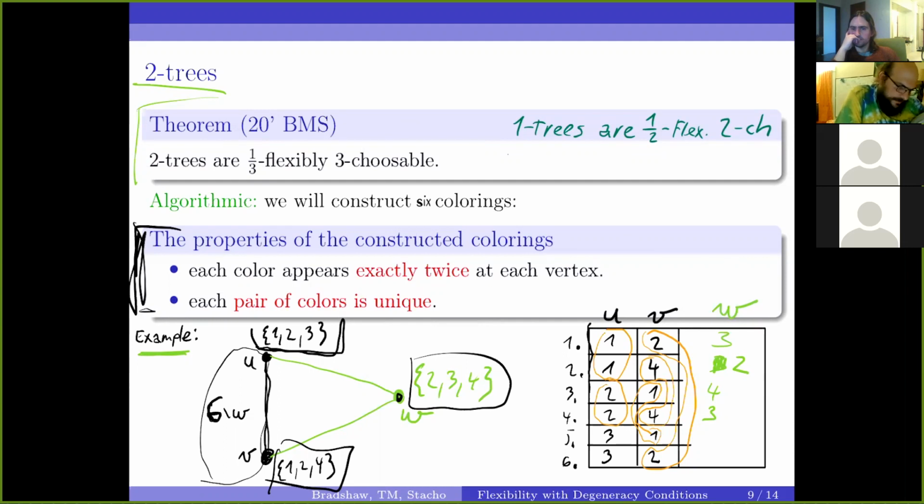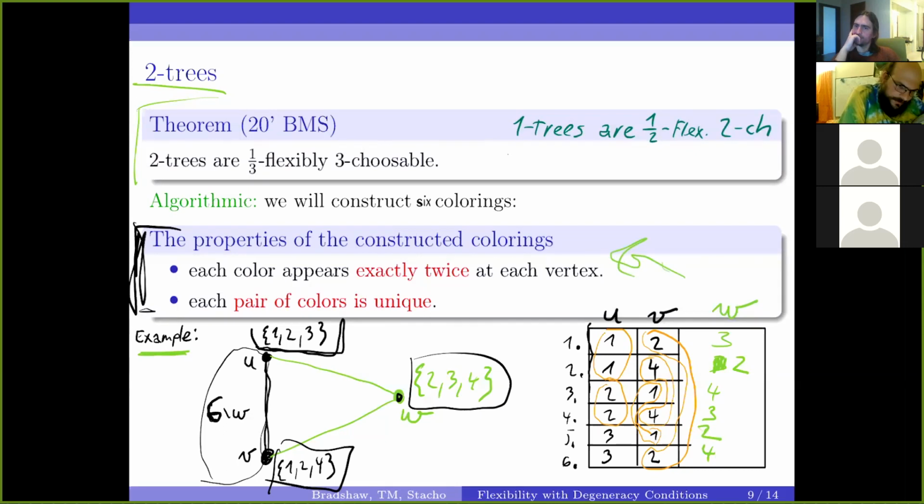So here is 3 and 1. So color 2 works also here, but we need to have color 4 for this last case. And now we produce coloring for vertex W, and it satisfies those 2 properties.